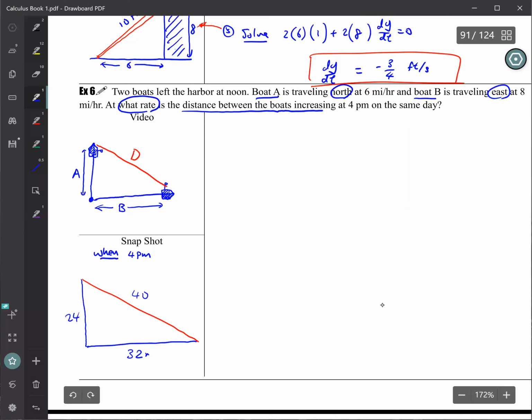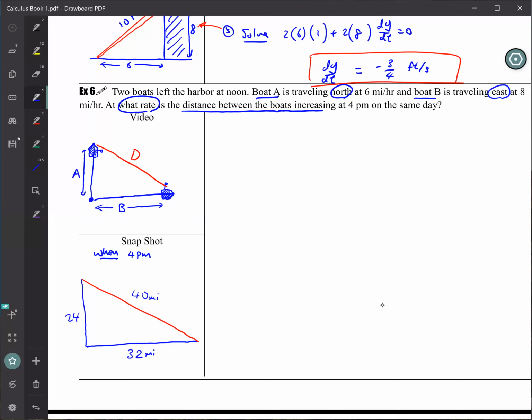Okay, 32 miles for boat B. For boat A, it's traveling north at a rate of 6 miles an hour, right? And then B is traveling at a rate of 8 miles an hour. Didn't you figure out the rate, but the distance that's increasing between the two boats? Can't you just do 40 miles divided by 4 hours?